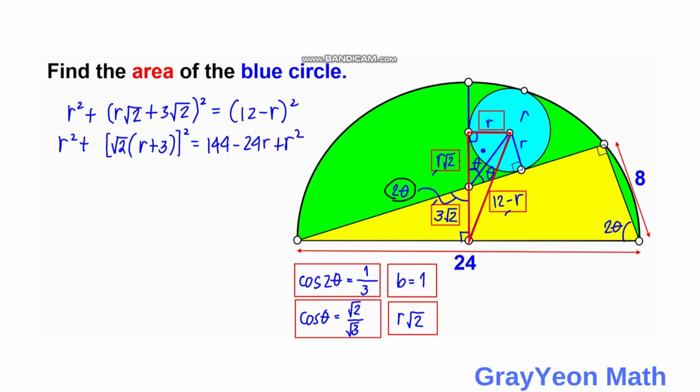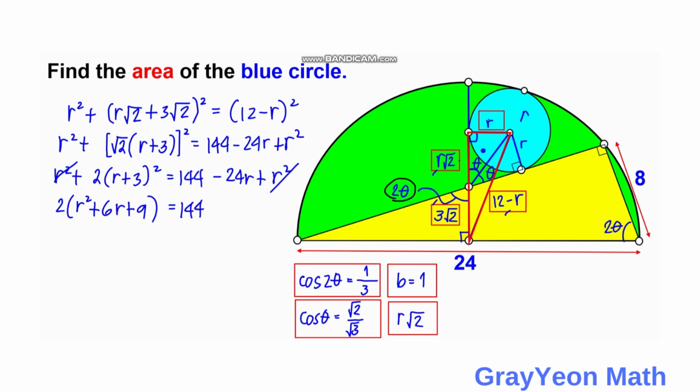So we can simply copy this plus this: square root of 2 squared becomes 2, times R plus 3 squared, is equal to 144 minus 24R plus R squared. And we cancel this. So we simplify the binomial beside this: 2 times R squared plus 6R plus 9 is equal to 144 minus 24R.